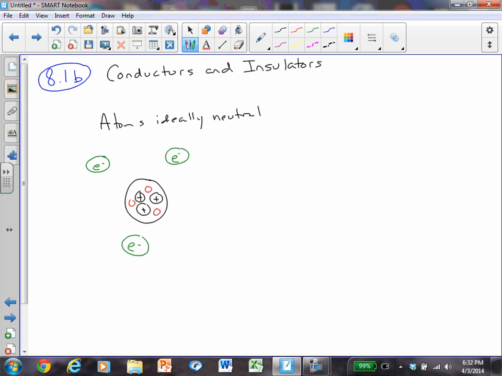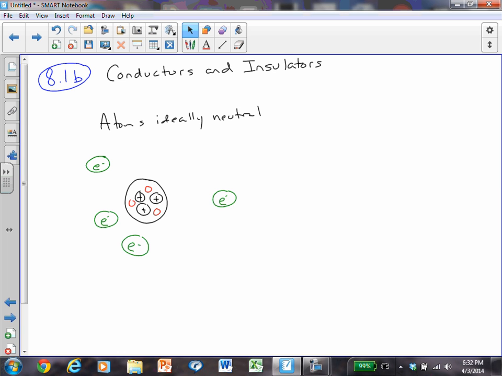Of course, atoms don't have to stay neutral. They can lose electrons and gain electrons. Okay? So we can see that they can become positively charged particles or negatively charged particles, or positively charged items and negatively charged items, not just for certain atoms and certain particles. Atoms don't have to stay neutral.